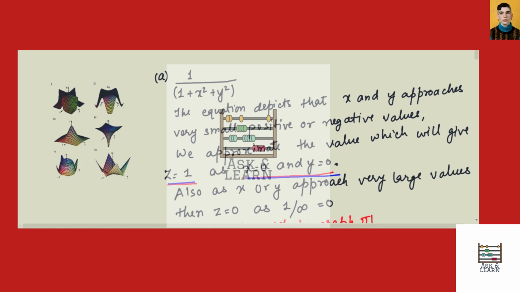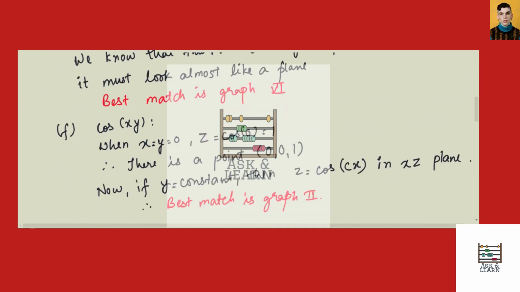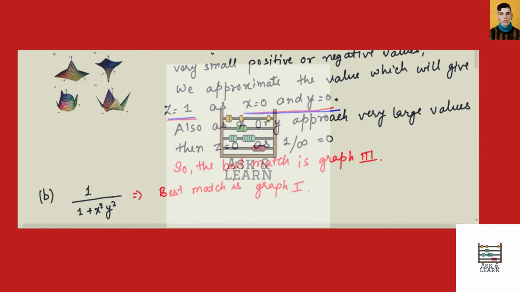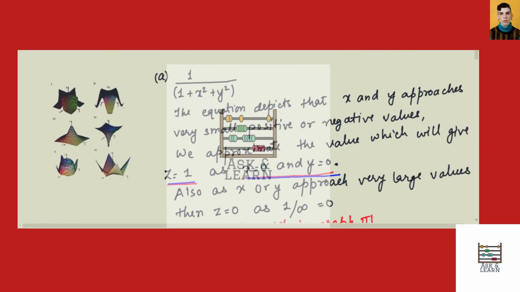So how can we see here? We can see from the graph. This is matching with 1 or 2, but here we are able to see that z should be equal to 1 for x equals to 0 and y equals to 0.